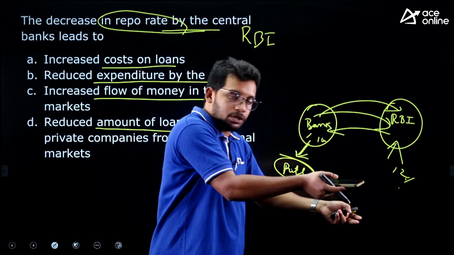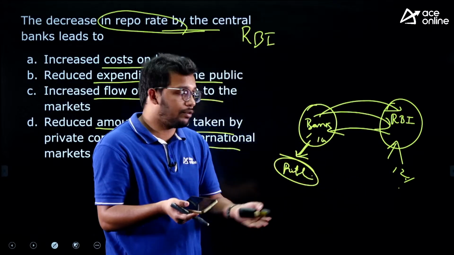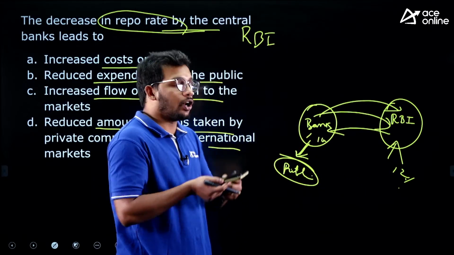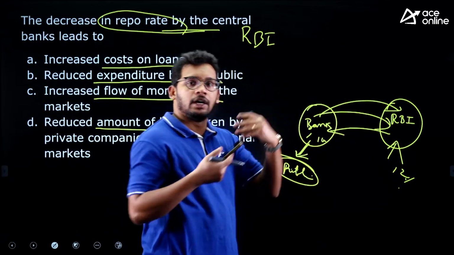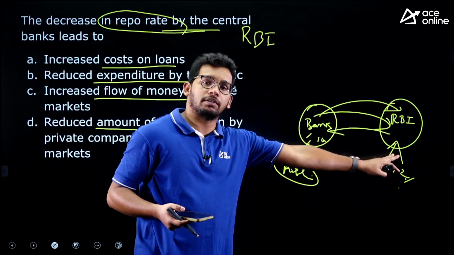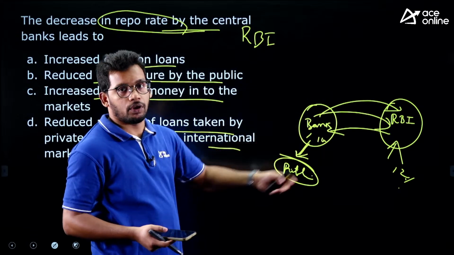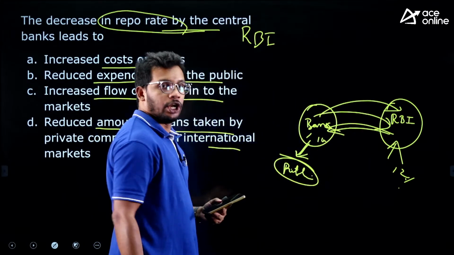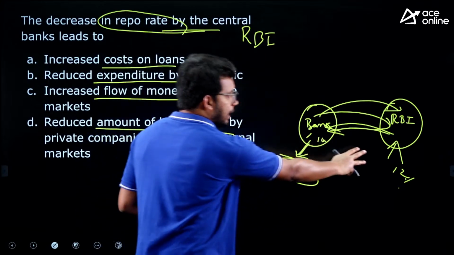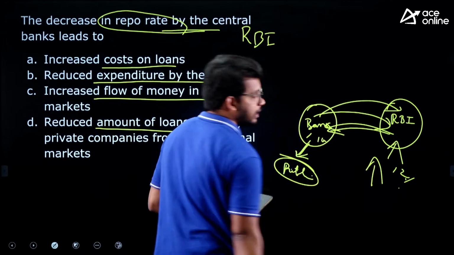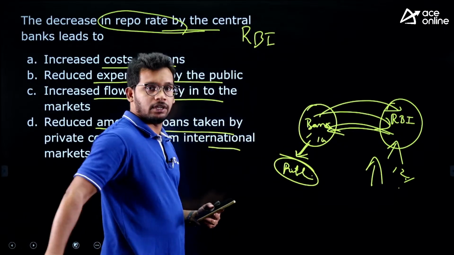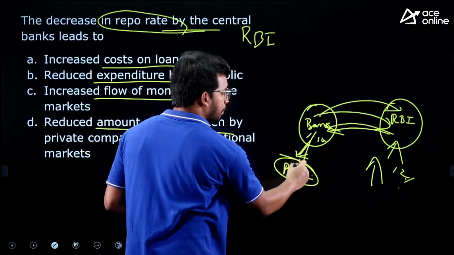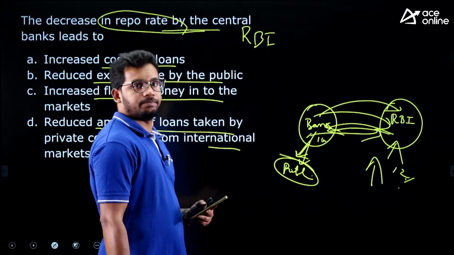After the 1 year maturity period, they say, you said you will give 10% interest, now take your bond and give me the 10% interest along with my 10 crore. So RBI will give 11 crore. So repo rate is the interest paid by RBI to the banks. Now tell me, if RBI increases the repo rate, the interest rate which it will give to the banks, will banks give money to the public or RBI?